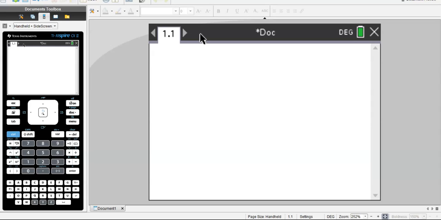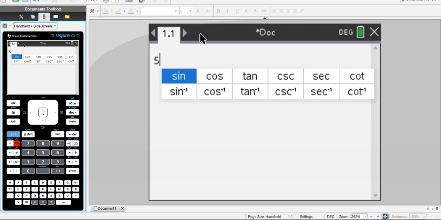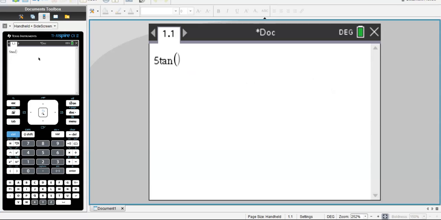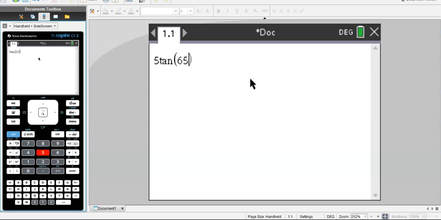I will, at the end of the video, give you the easiest option that I can find for our current situation, all right? So all we're going to do if we're using the emulator or any other graphing calculator is literally type what we saw, 5 tangent, and we're going to have to go to our trig button, tangent of 65. And that's all there is to it.